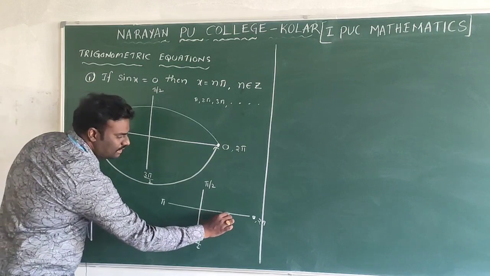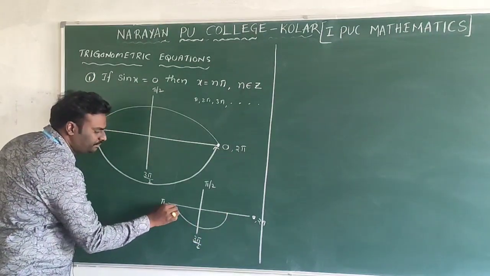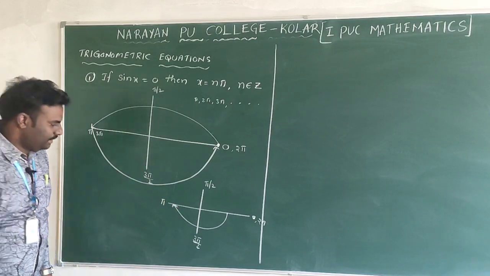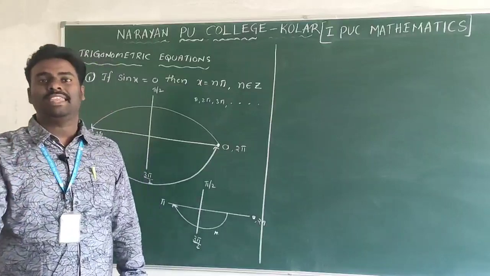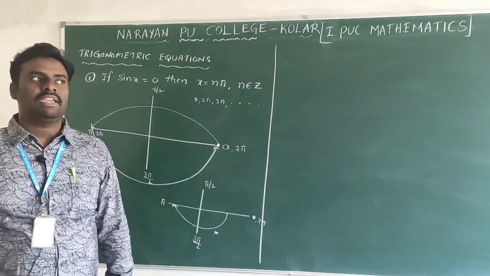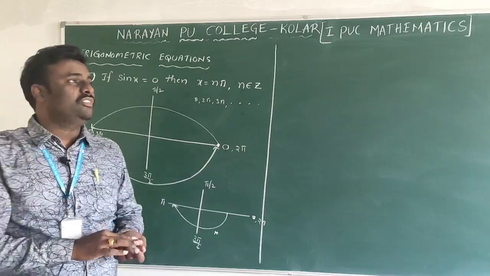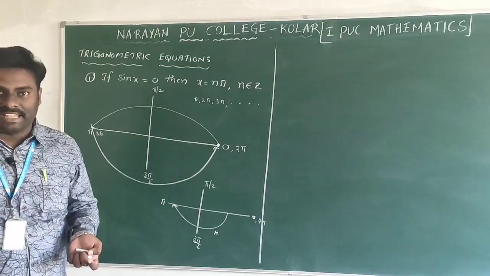If you measure the angle in this direction, this angle is pi only, but we are measuring the angle in the clockwise direction. That's why, when it is the clockwise direction, a minus symbol is added. Now that angle will be minus pi.